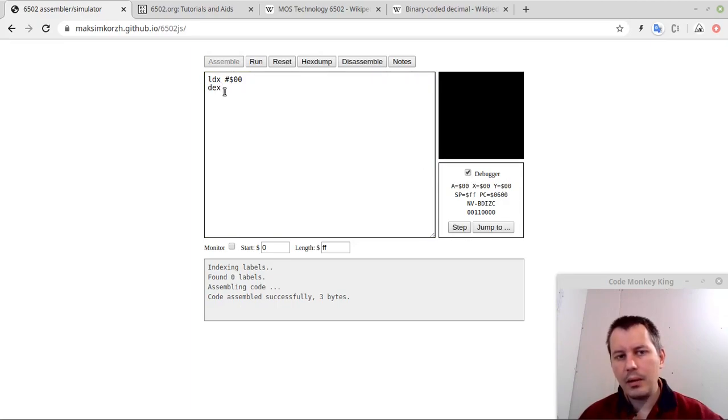The X register would wrap around, so it would turn to FF, but the negative flag would be set, giving us an idea that it just went below 0. So just loading 0 to X, we have this negative flag being set, and the value in the X register is wrapping around. So it's clear.